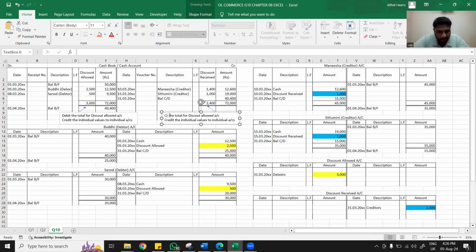Credit the total for discount received account. Debit the individual values to individual accounts.